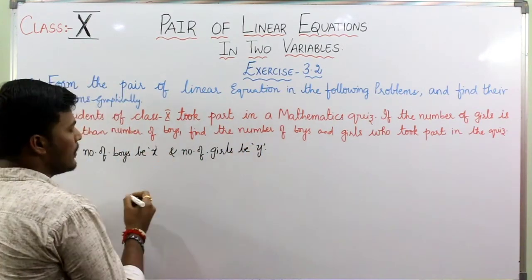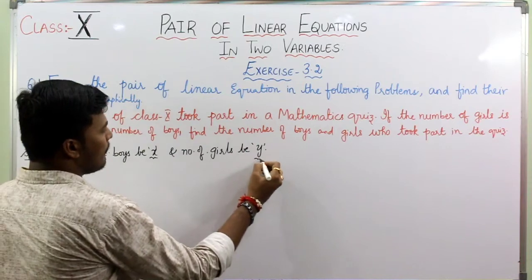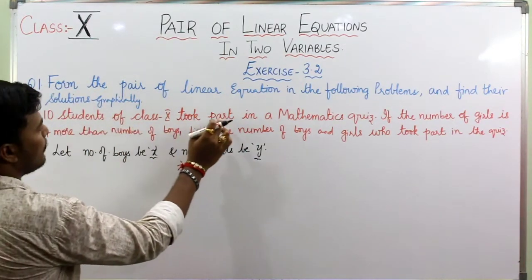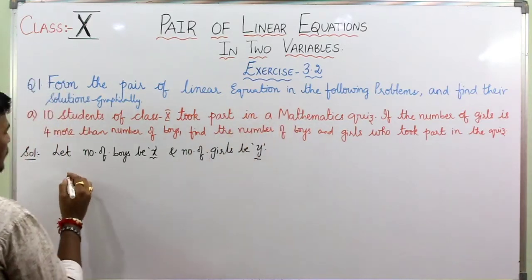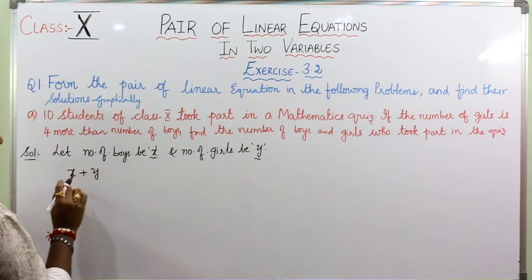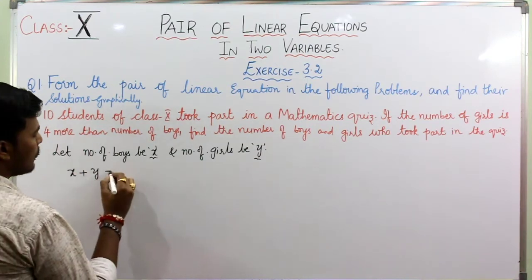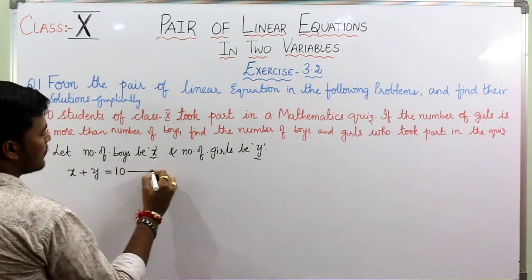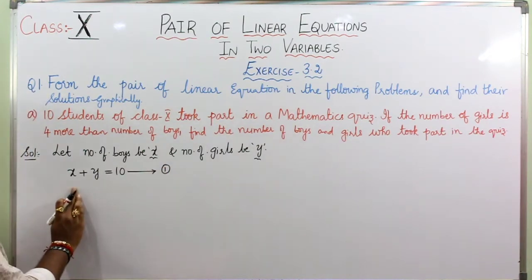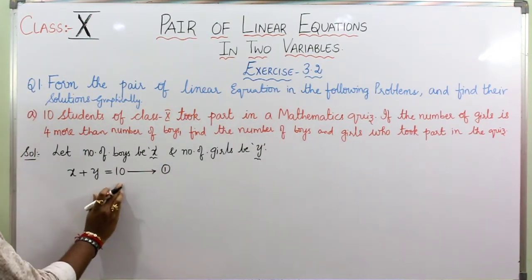We got two variables x and y. So what we have: 10 students of class 10 took part in a mathematics quiz. The 10 students are nothing but x plus y, that is boys plus girls, together 10 students. So the first equation is x plus y equals 10.